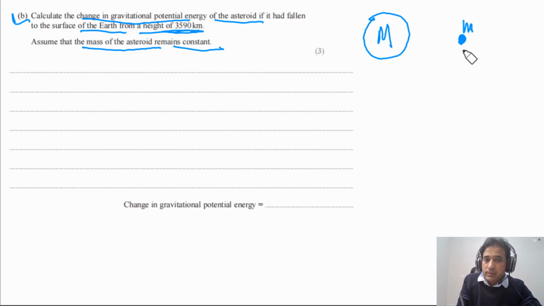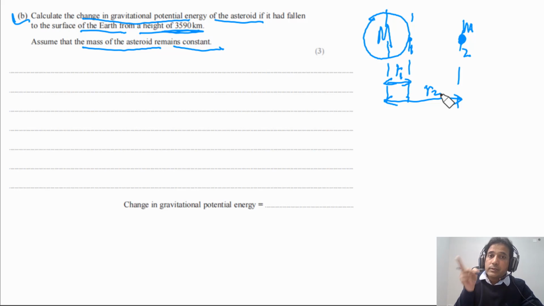Let's say this point is 2 and this point is 1. This is at the surface, so we can take this distance as r1, and this distance, from the center of the asteroid to the center of Earth, let's say is r2.